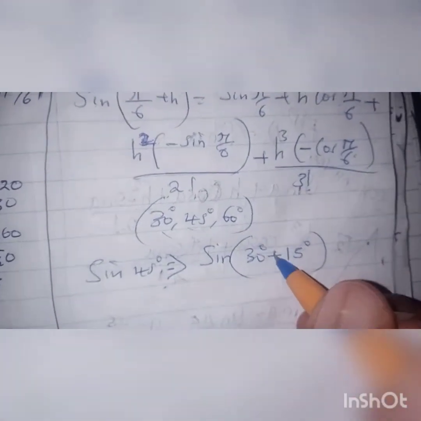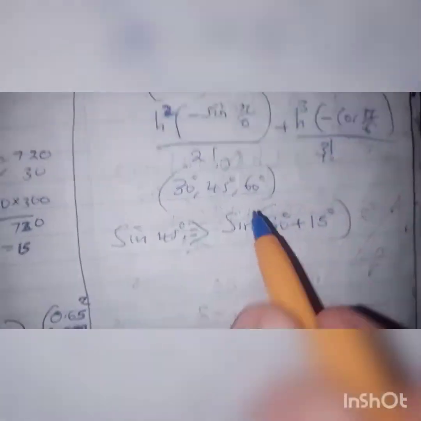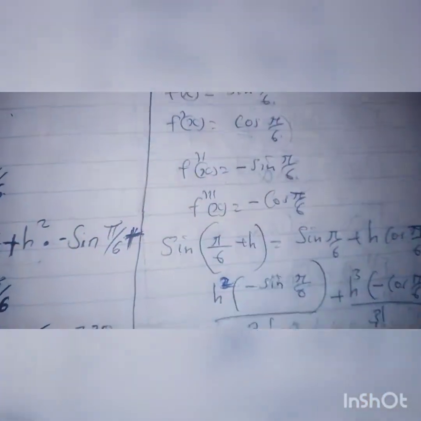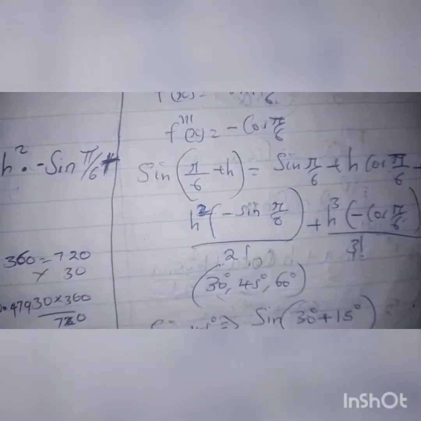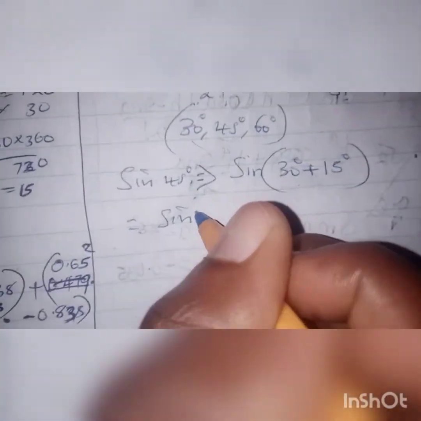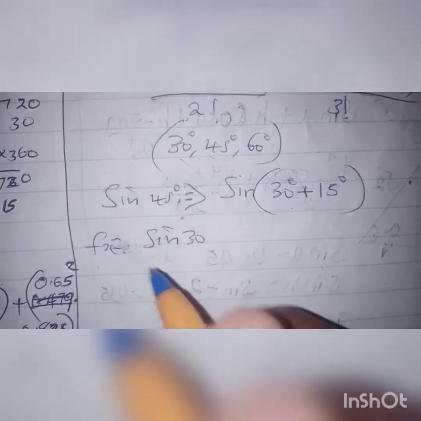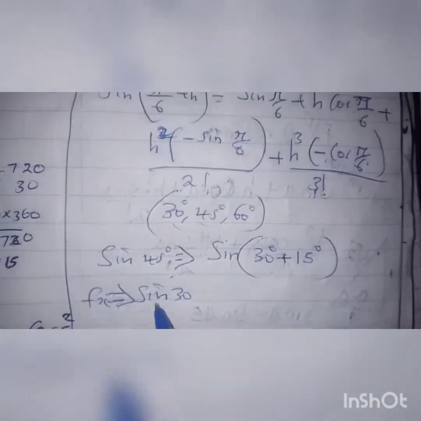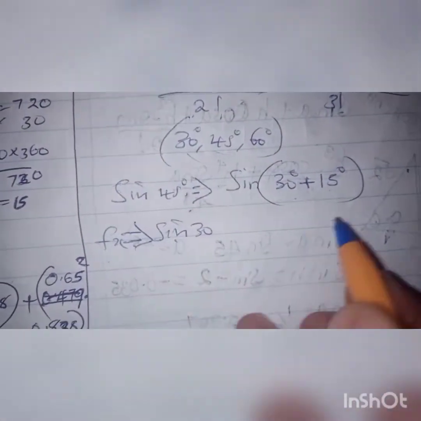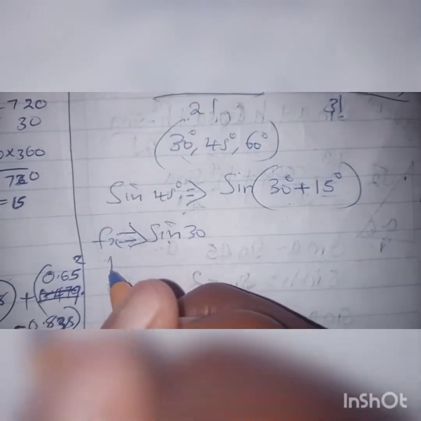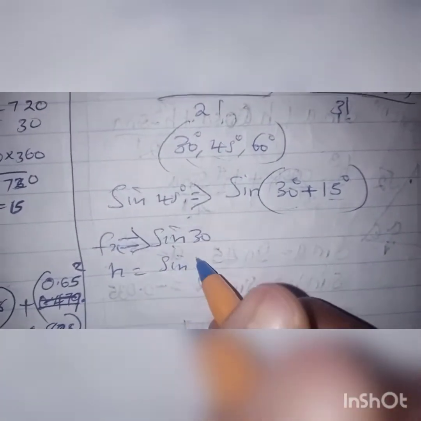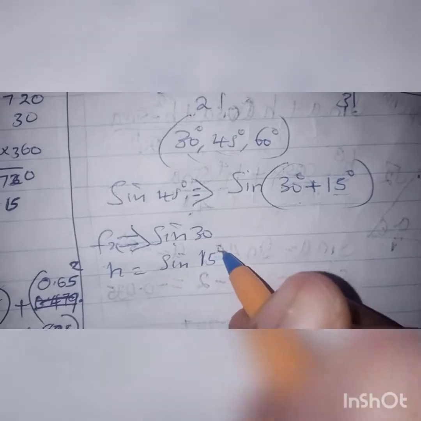So our function of x will be sine of 30, and our small change h will be sine of 15 degrees, as we showed before.